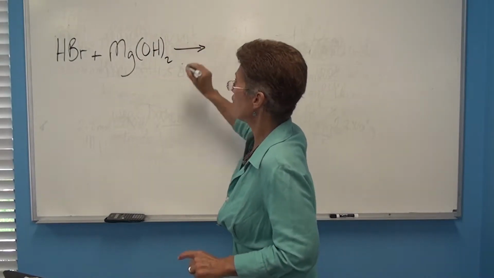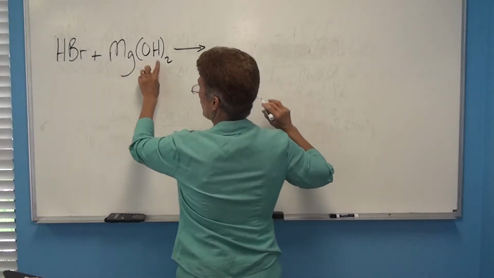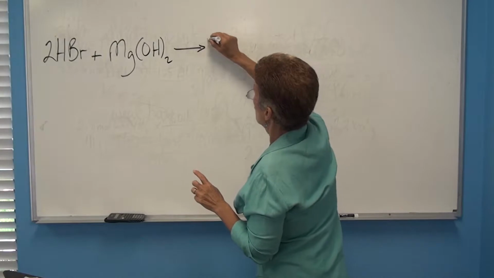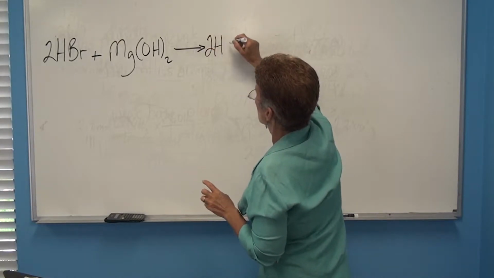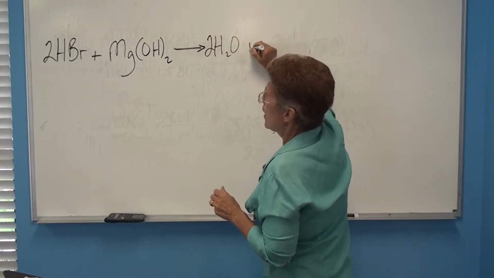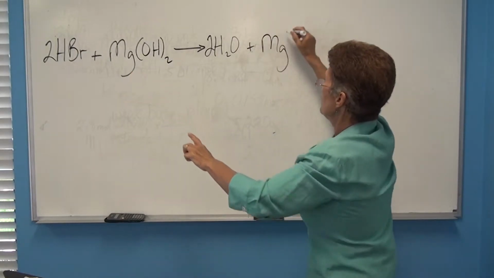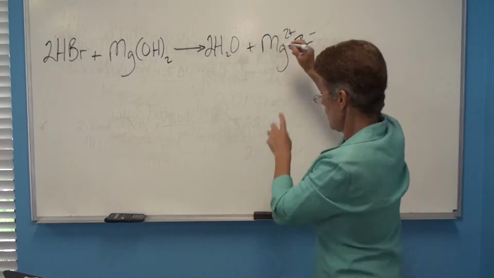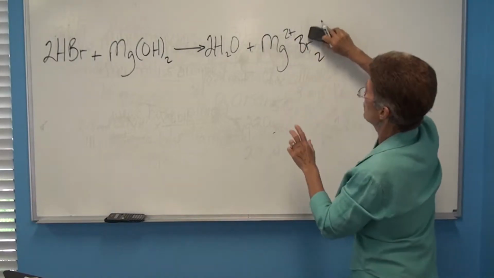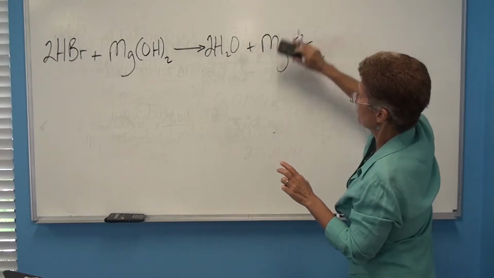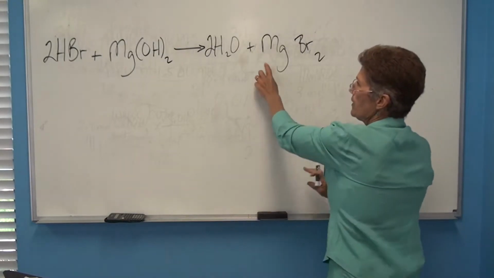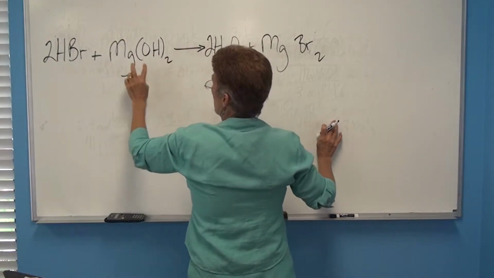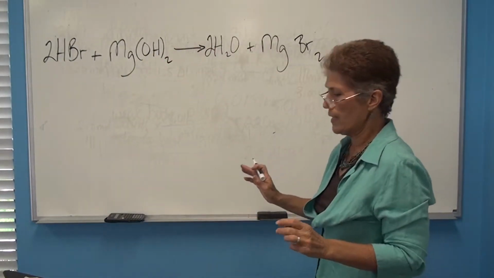And so we know that is going to make salt and water. So we're going to make 2 waters. And then it's going to leave magnesium and bromide, which is a -1. So we're going to flip-flop. This gets the 2. Magnesium gets the 1. Check it. There's one of these, there's two of these, there's two of these, and two of these. Okay, so we're good there.